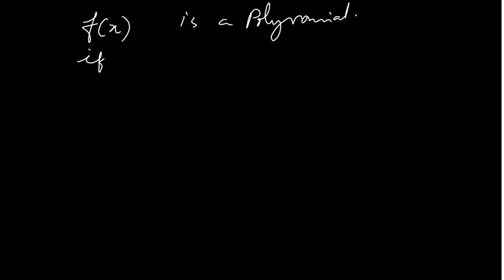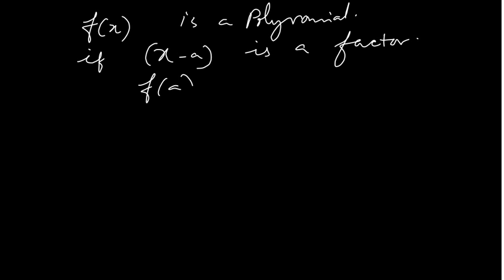If f of x is a polynomial, and if x minus a is a factor, then f of a is 0. The remainder will automatically be 0. This is the factor theorem.